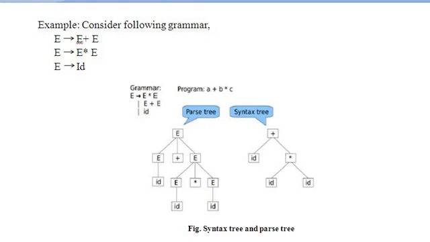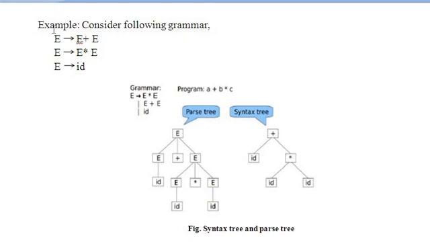Consider a grammar like E gives E plus E, E gives E star E, E gives ID. The grammar can be written like this: E gives E plus E, or E star E, or ID. Then your input string is A plus B into C. It means ID plus ID into ID. So how can the parse tree and syntax tree be represented for this given input string?